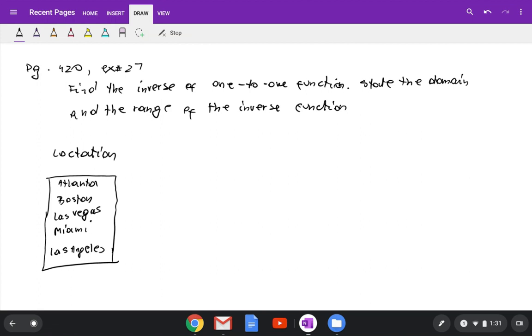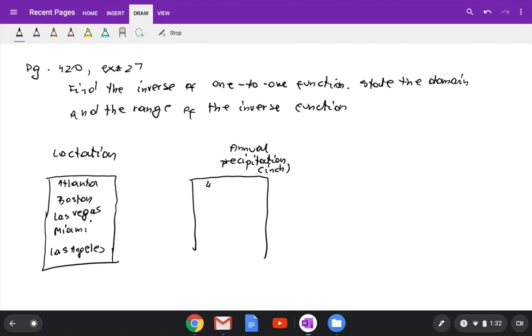And the second map represents annual precipitation in inches. Okay, so how much rain we getting? Okay, in each of those towns.